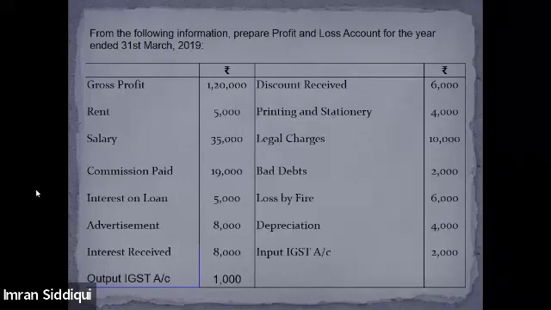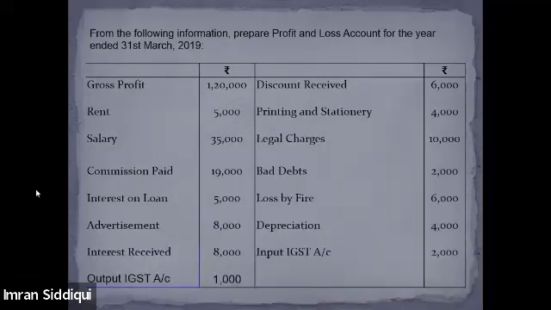Anyways, also tell me the values that you have got on the debit side. Tell me the items one by one that you have written on the debit side. Sir, rent 5,000. Salary 35,000. Correct.